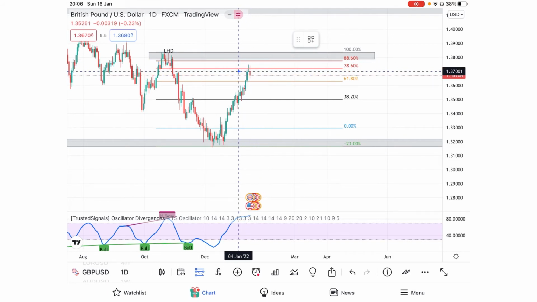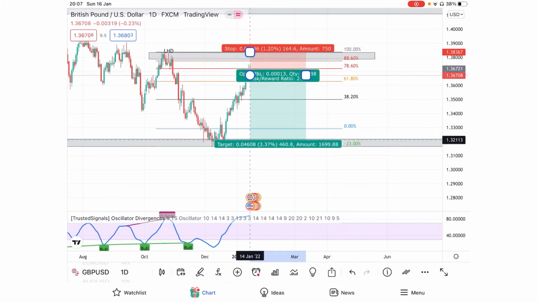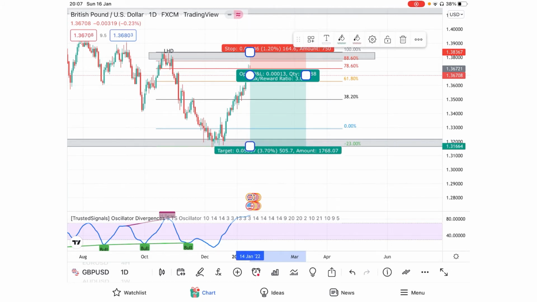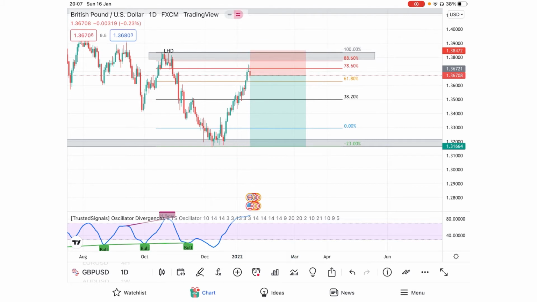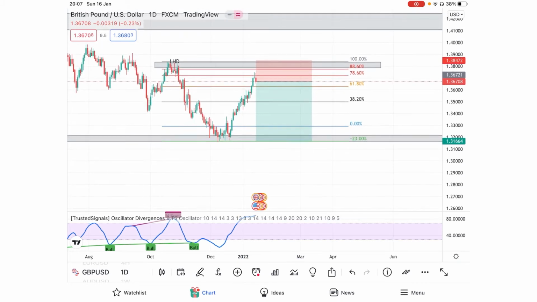We kind of have the bearish engulfings, the pin bar, the candlestick patterns we needed. This right here could be a possible entry, putting our stop loss right above the LHD. It would give us a 1 to 3 risk to reward, a very nice swing trade entry.